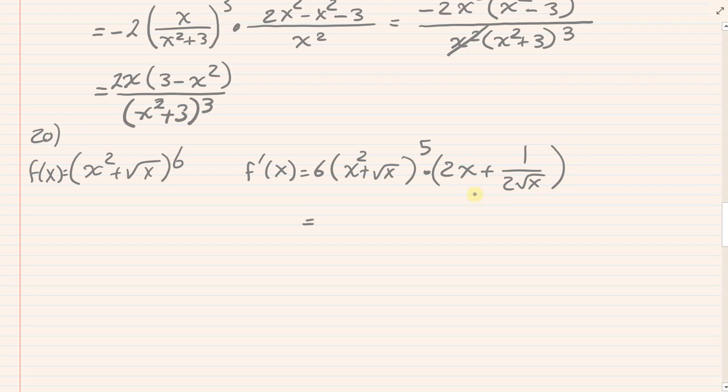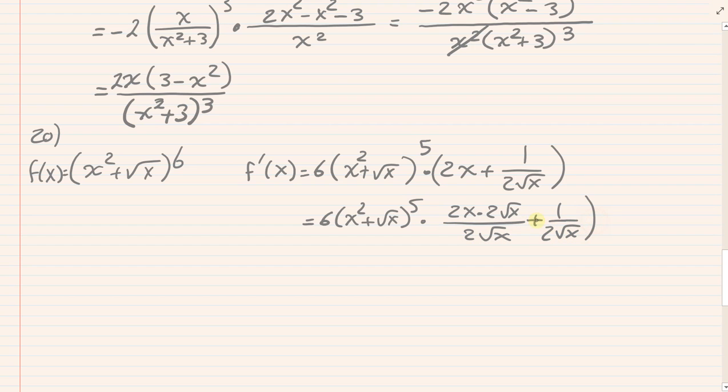As far as simplifying, I'm just going to put the outside function, x squared plus root x to the 5th, times, this is going to be multiplying the top and bottom of 2x by 2 root x, so I can combine the fractions. 1 over 2 root x.